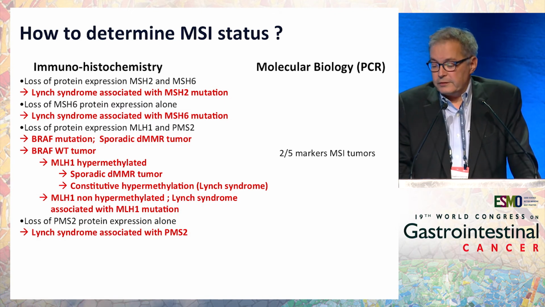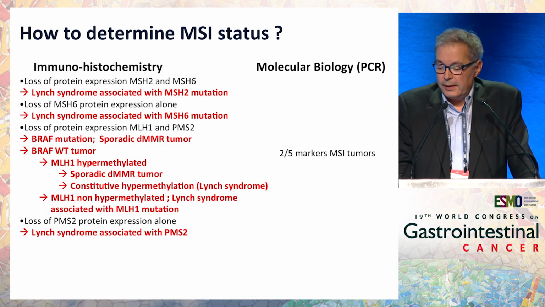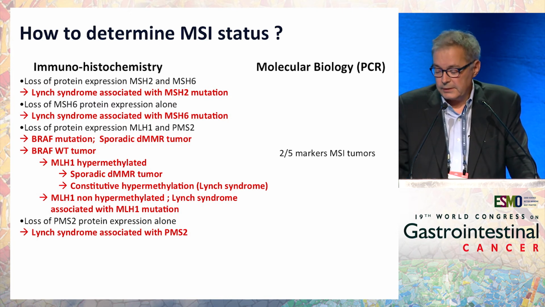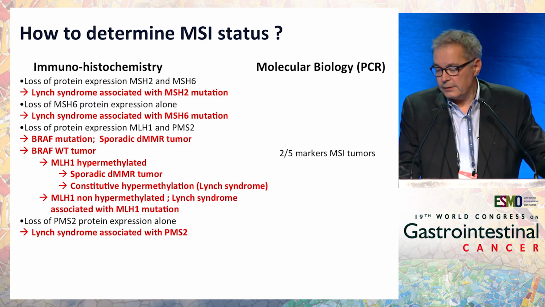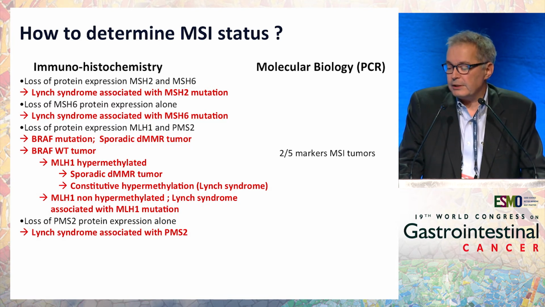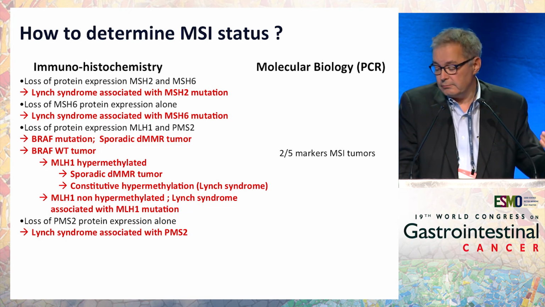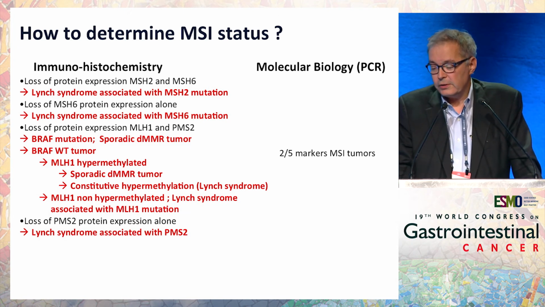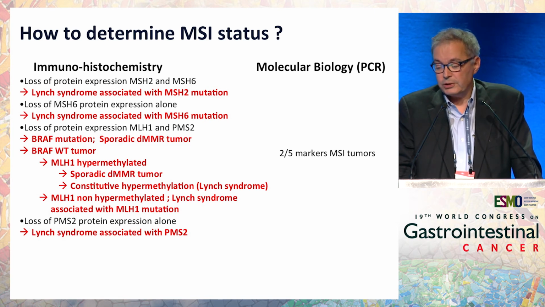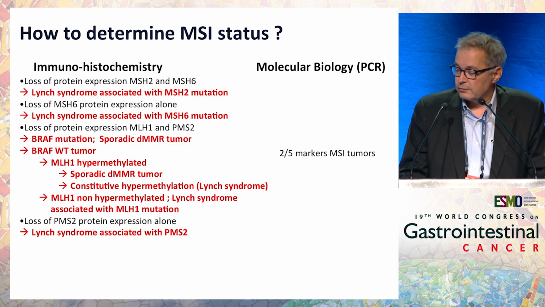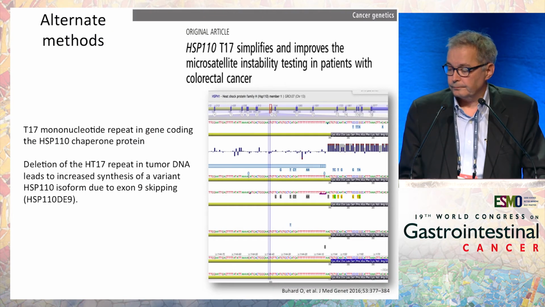The second possibility is MLH1 non-hypermethylated, so it is a germline mutation, and the loss of heterozygosity of MLH1 is in these cases due to a germline mutation of MLH1. Finally, the last conclusion is the loss of PMS2 protein expression alone, and in these cases, this is a Lynch syndrome associated with PMS2.